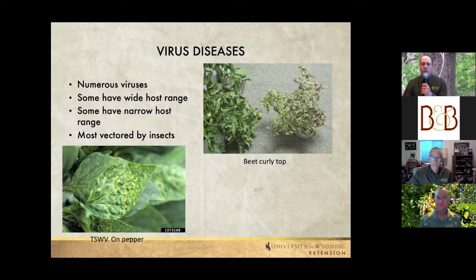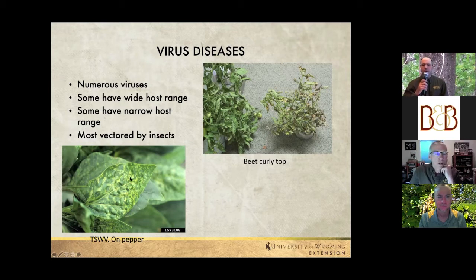Are there certain symptoms on plants that make you suspect it's a virus? Most commonly, yes. A lot of times it looks like herbicide injury. If we see a lot of twisting and curling, some necrosis, and the plant is stunted. Here's a healthy tomato plant, and here's one infected with beet curly top.